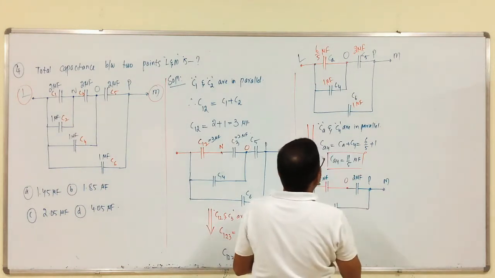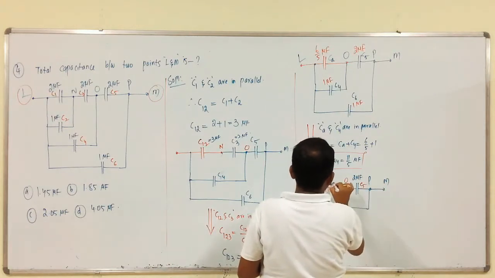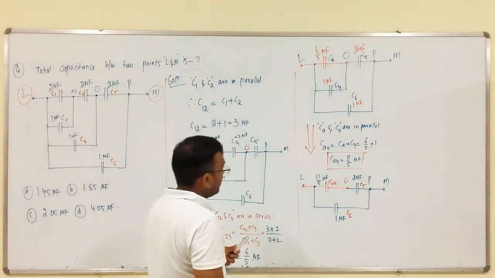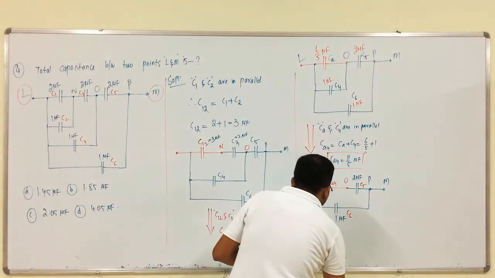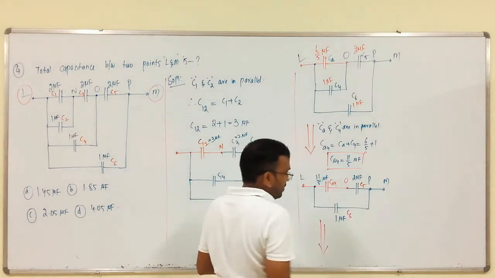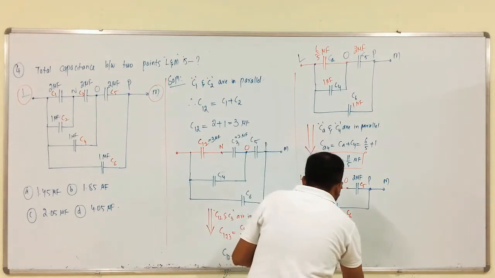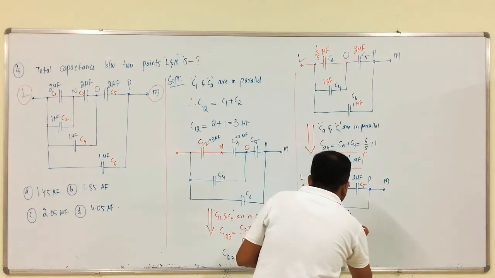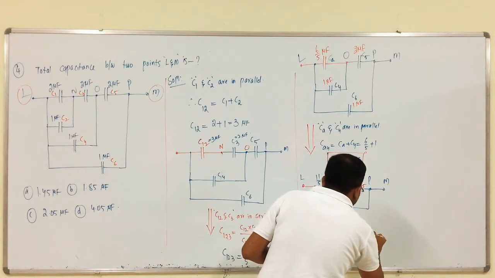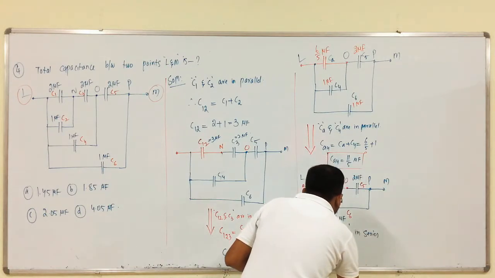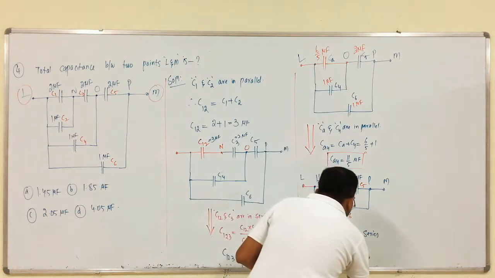This is C5, this is C6, this is Ca4. Therefore, Ca4 and C5 are in series. Therefore, Ca45 is equal to, we can call it Cb.